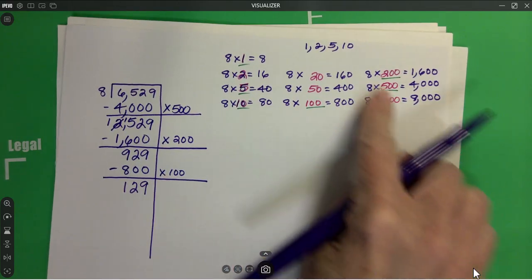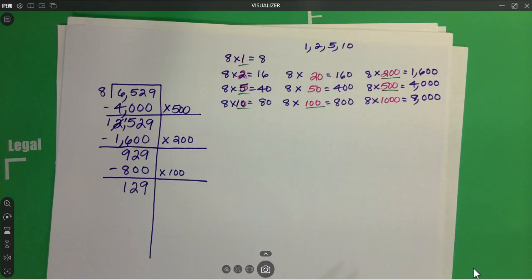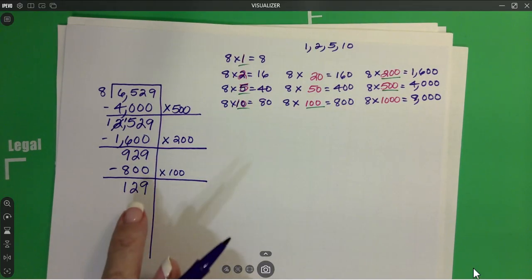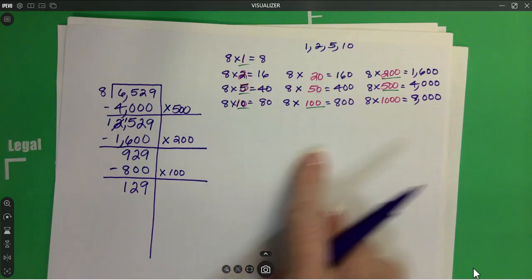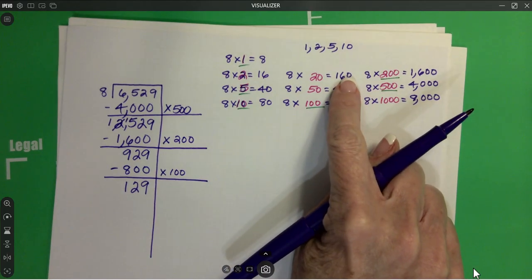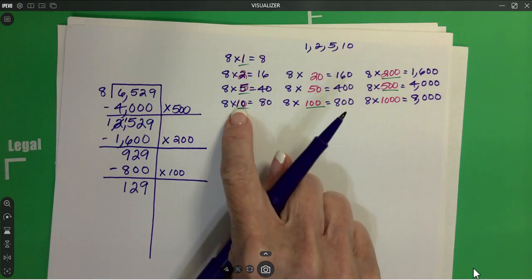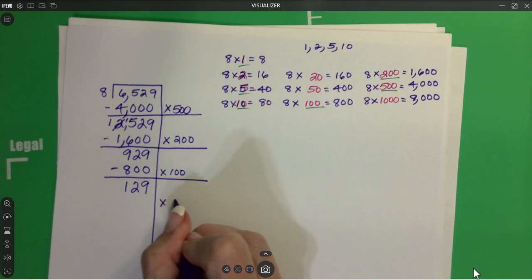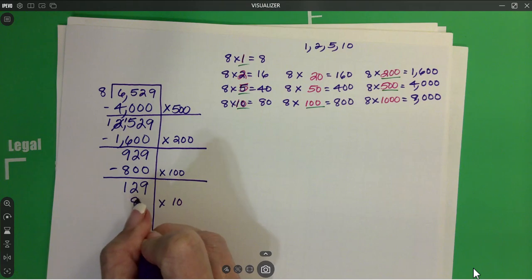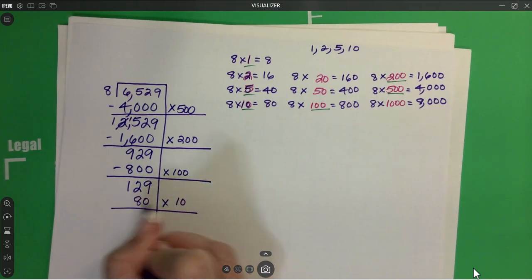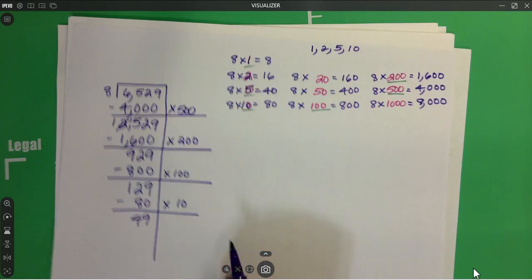Now I'm going to look over in my list and see if there's anything that I can multiply to take out that is less than 129. I can't take out 160, but I can take out 80. So I'm going to multiply 8 times 10 to get 80. 9 minus 0 is 9. And then, of course, I can take the whole 12 minus 8 is 4.